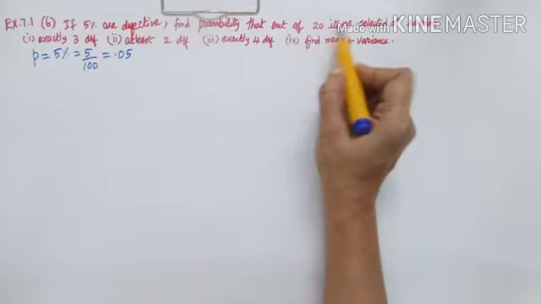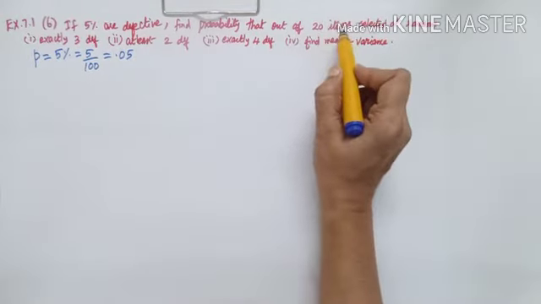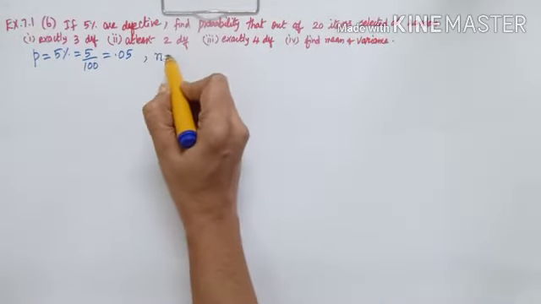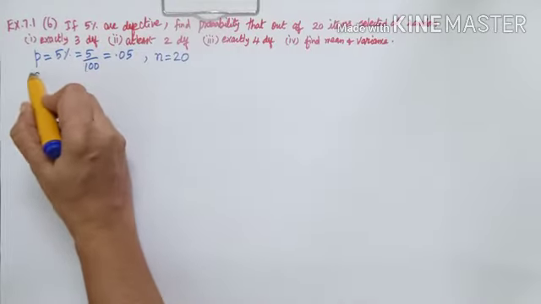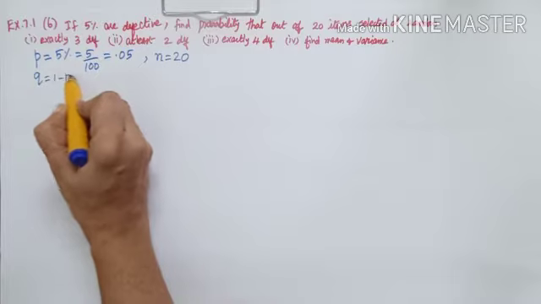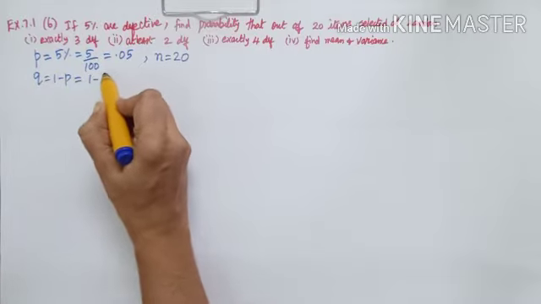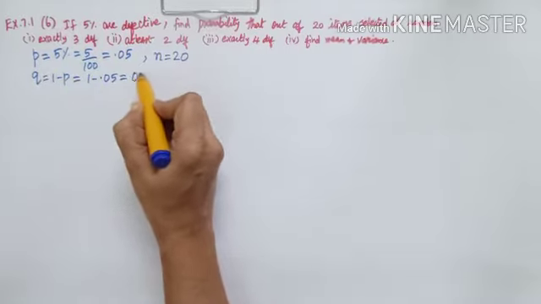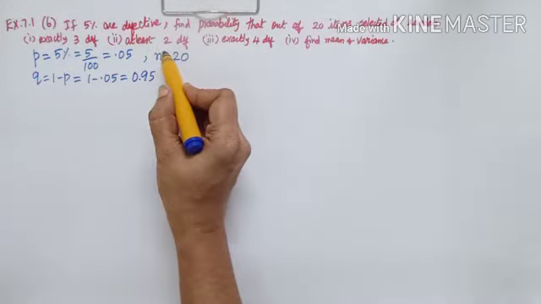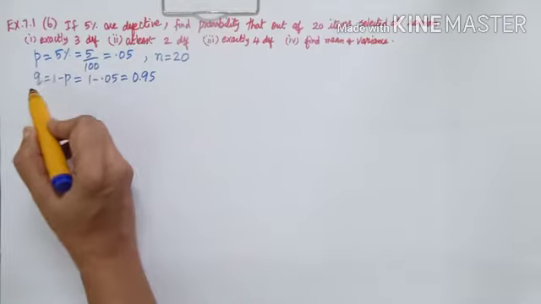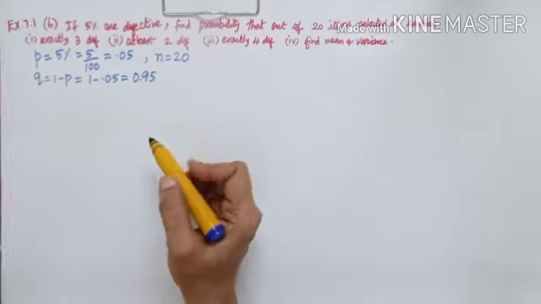Out of 20 items, so N is equal to 20. Once I know P, I can also find Q, which is 1 minus P, 1 minus 0.05 gives me 0.95. So I know N, P, Q. This is a binomial distribution.